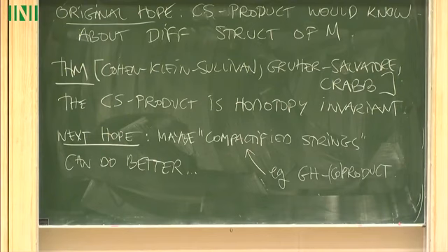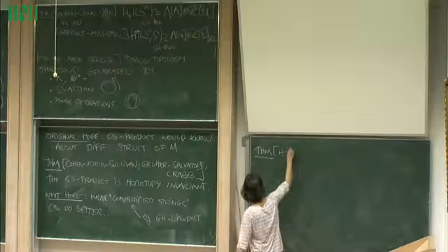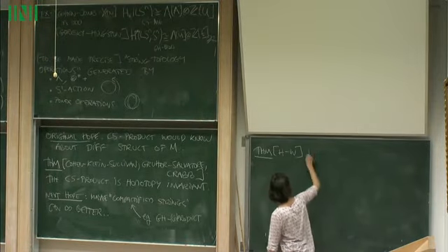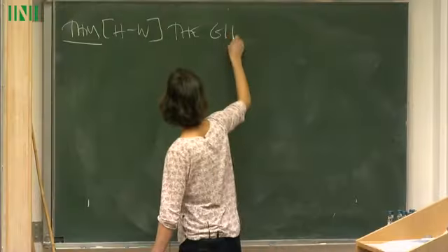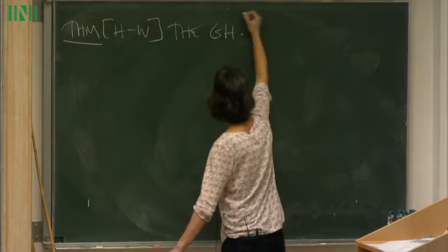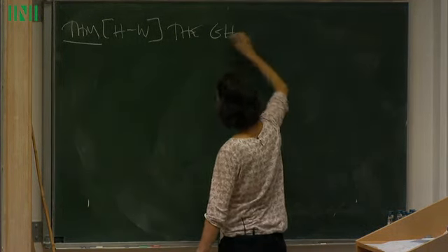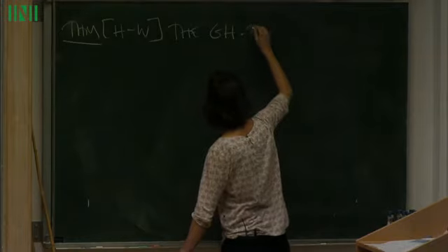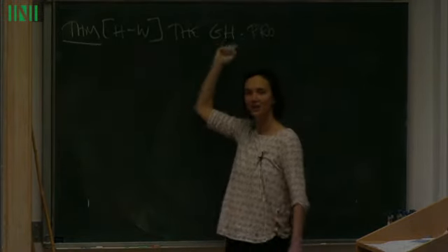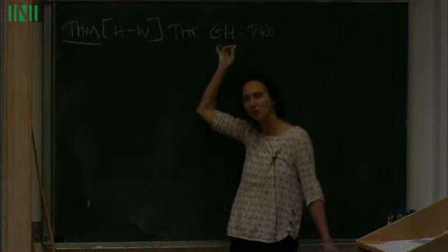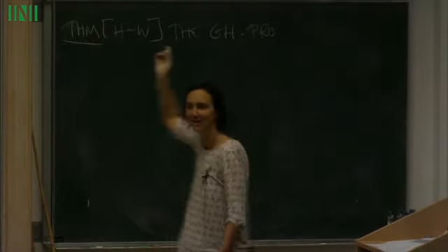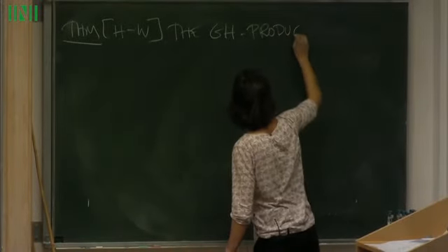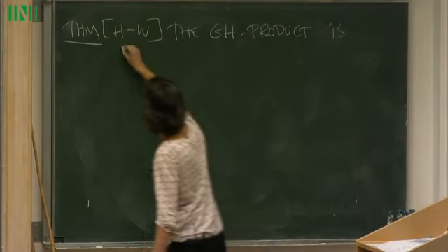This is what Nancy and I prove. The Goresky-Hingston product, coproduct, I don't know what to call it. It's a product in cohomology, it's a coproduct in homology, right? Everybody happy? Right, that's what I mean. It's also homotopy invariant.